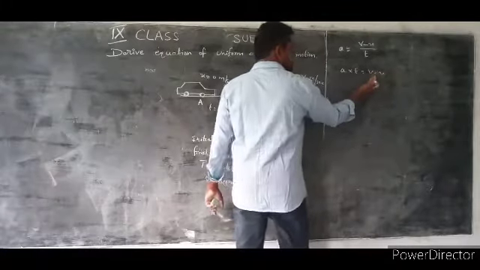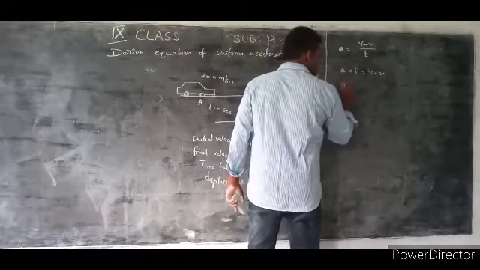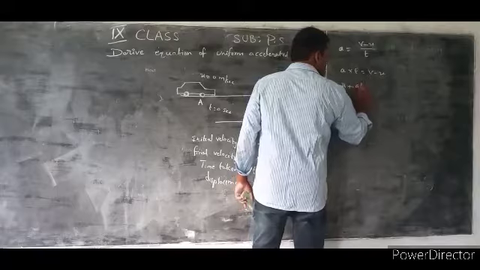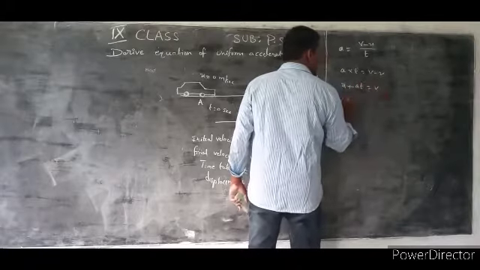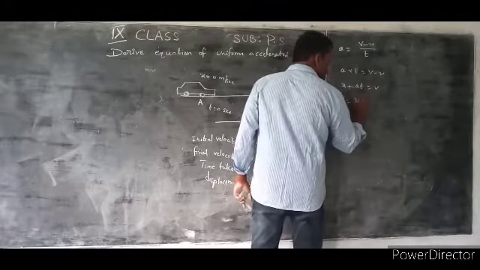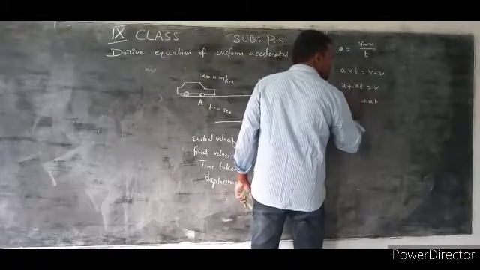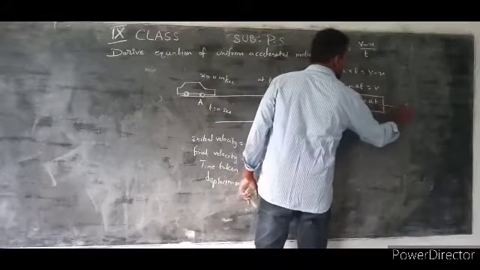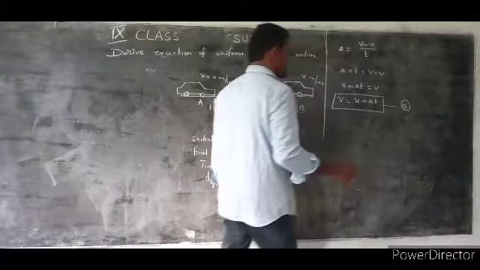Again, minus u goes to the left-hand side, plus u, so u plus at is equal to v. That is the first linear equation, v is equal to u plus at. That is the main equation here.